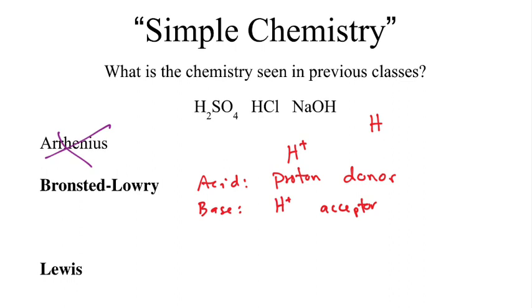And it turns out that that definition is a bit narrow, and we can broaden it a little bit. So if we look at our proton acceptor, let's just say H+. Our proton donor donated H+. It has to donate H+ to something. What does that something need to supply?